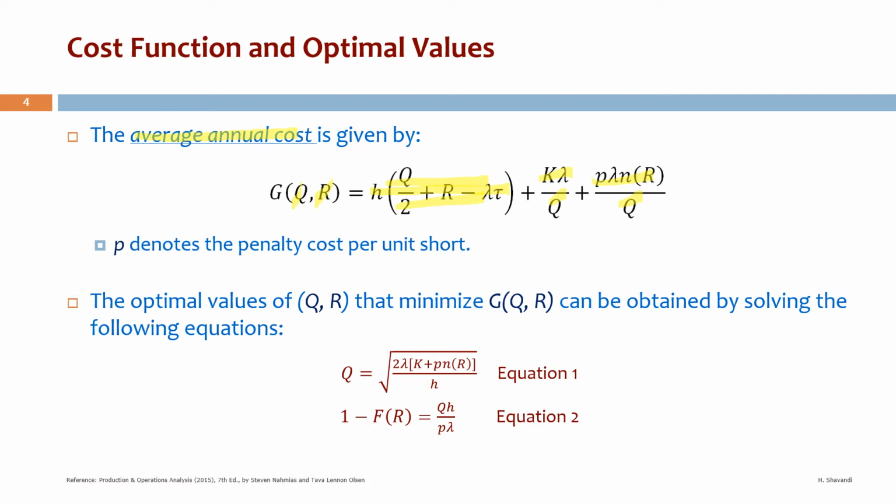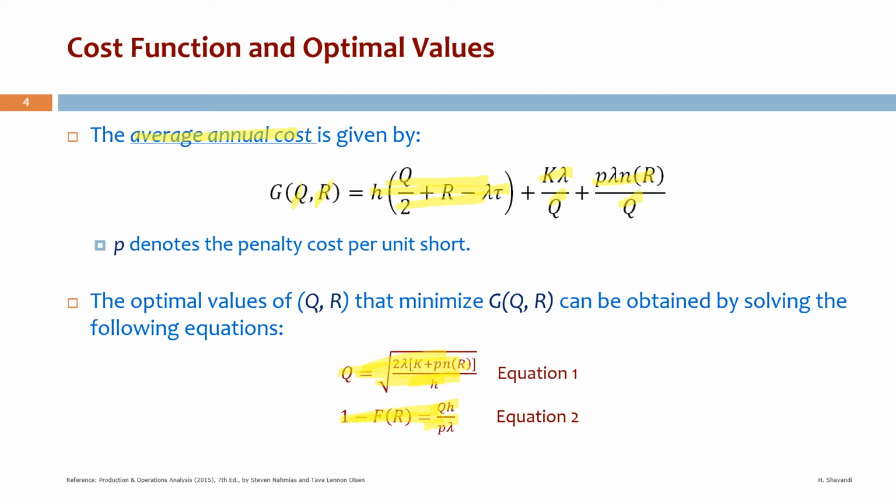If we take the first derivative of this function with respect to Q and R, set them to 0, and solve those two equations, we obtain two equations for calculating Q and R. We need to solve these two equations simultaneously in order to obtain the values of Q and R.